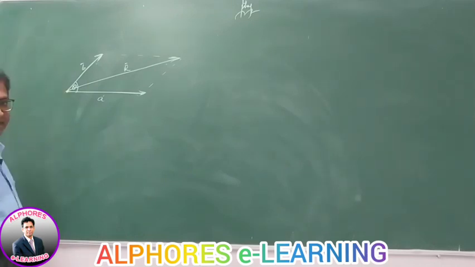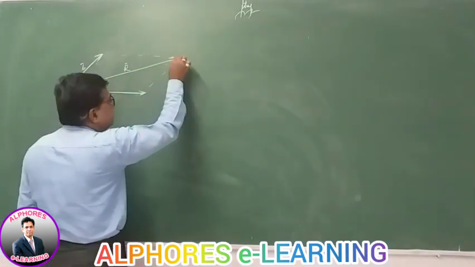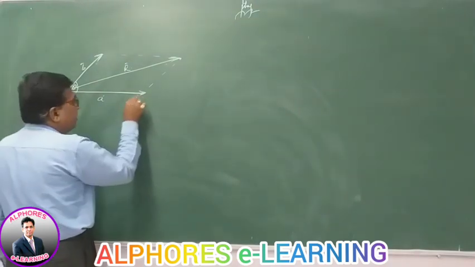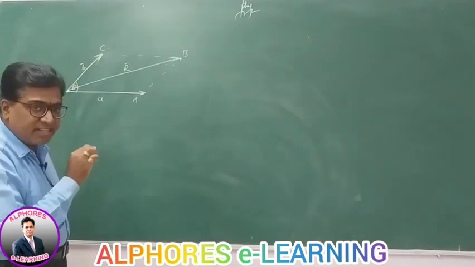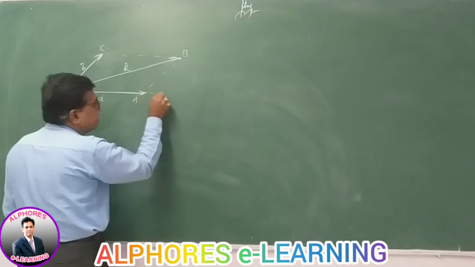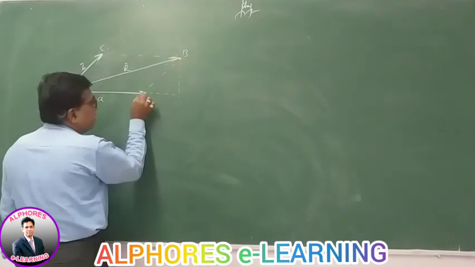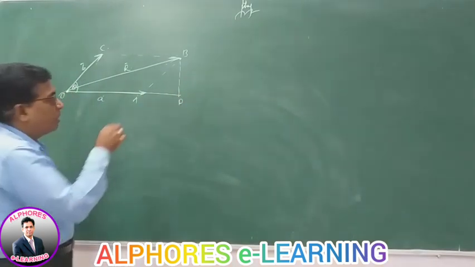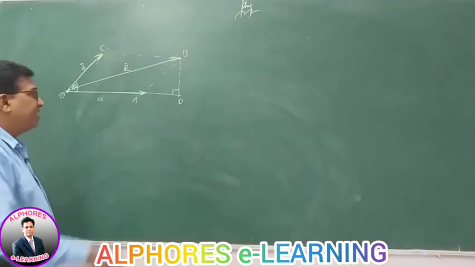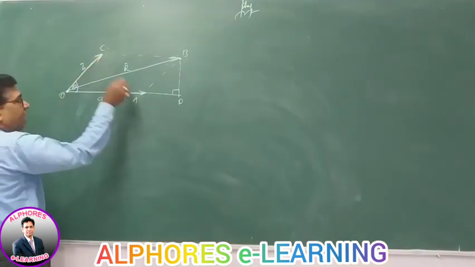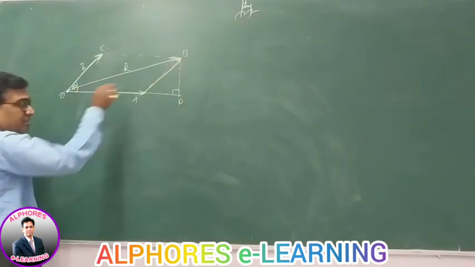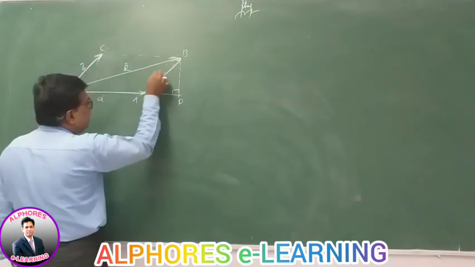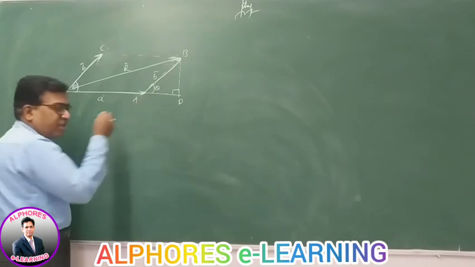The angle between the vectors is theta, and the diagonal passing through this is the resultant R. Now I have to find R. Let the points be O, A, B and C. Extend OA and drop a perpendicular from B; it will meet at D. In a parallelogram, opposite sides are parallel and equal, so if this is B, this is also B. And if this is theta, this is also theta, corresponding angles.